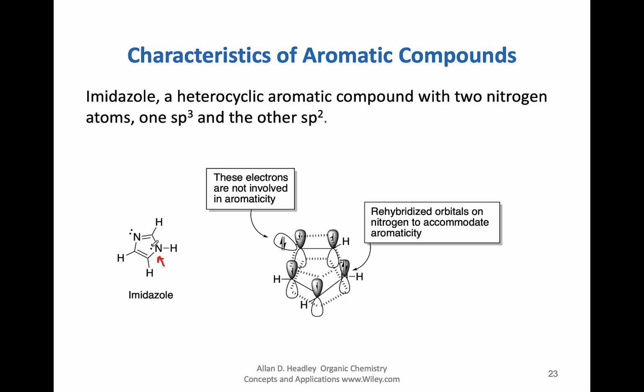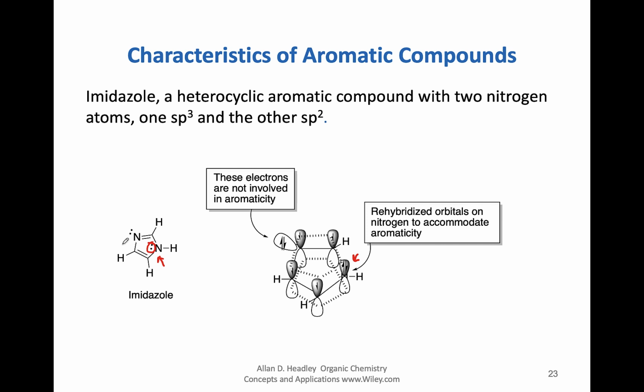However, we can get these 2 electrons here to be in conjugation with these 4 by rehybridizing this nitrogen to sp2, where these 2 electrons are now in our p orbital. So we have a nice 6 electrons that are in conjugation.